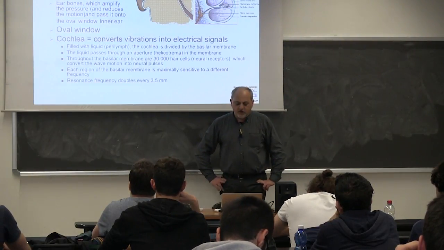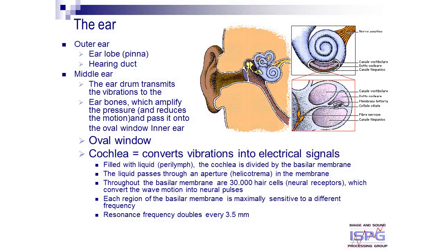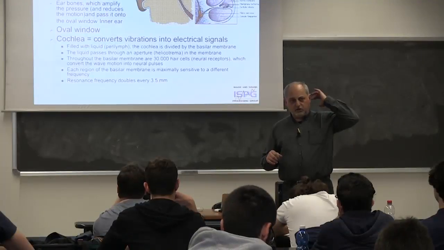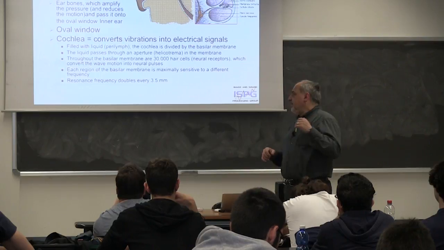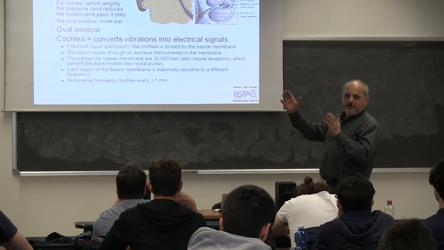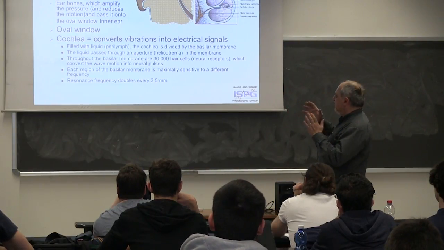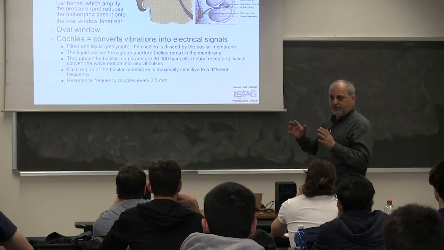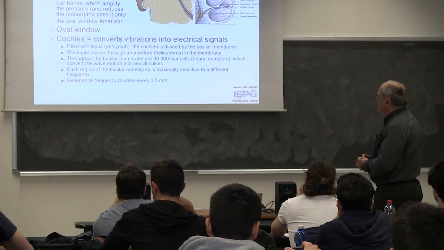So here's what it looks like. The ear is divided into three parts. Let's say we have an acoustic part, merely acoustic part, the outside of the ear, which includes the pinna, includes the ear canal, and then we go into the mechanical part of the system, which is made of a bunch of little bones, and I'll tell you how they work together.